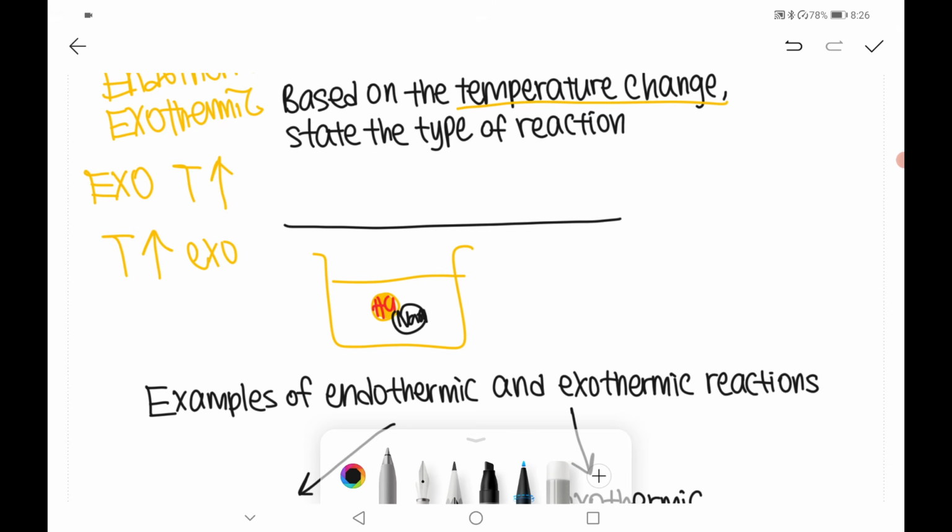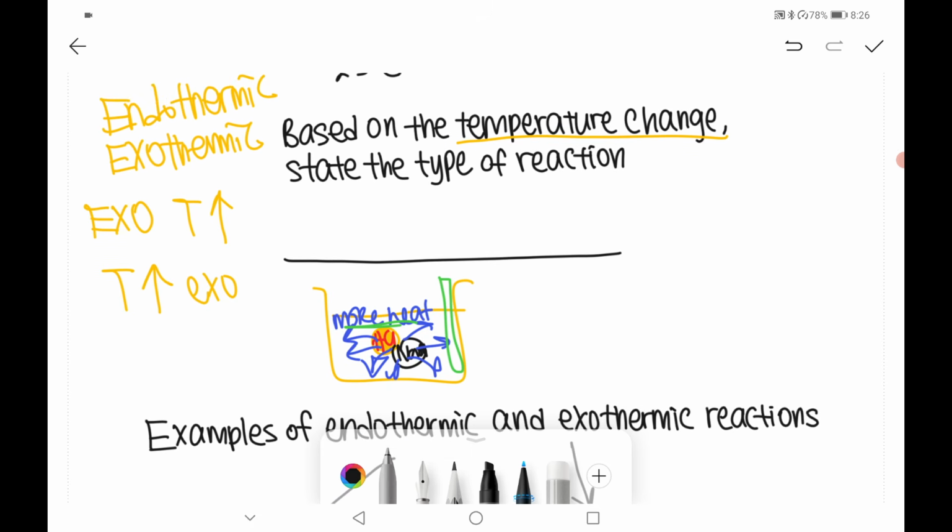When they react, they release the heat to the surrounding. So the surrounding here has more heat, right? When you put a thermometer, when you have more heat, what happens to the temperature? The temperature will increase. So when temperature increases, this is an exothermic reaction.